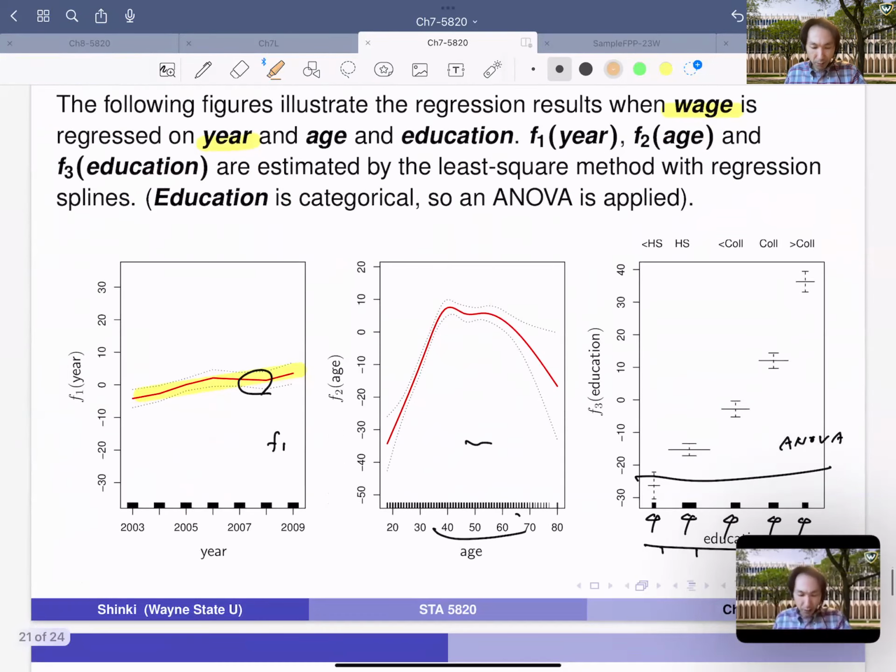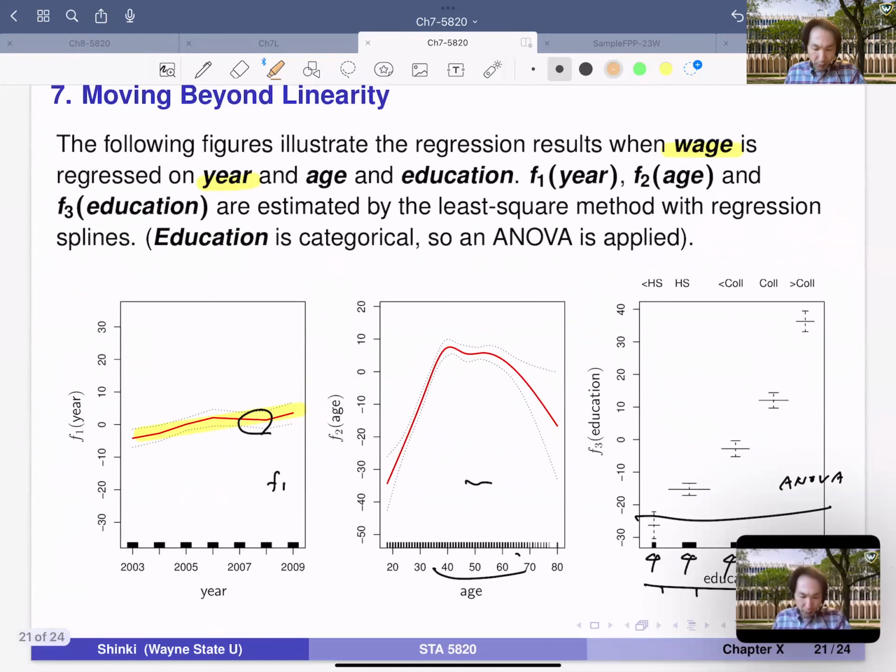And here is an example. This illustrates the regression results when wage is regressed on year, age and education. This is a marginal relationship between year and the wage.